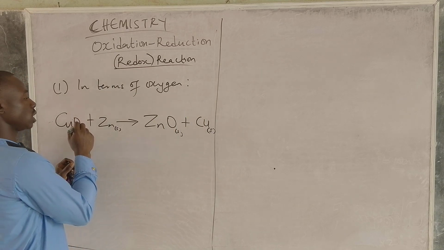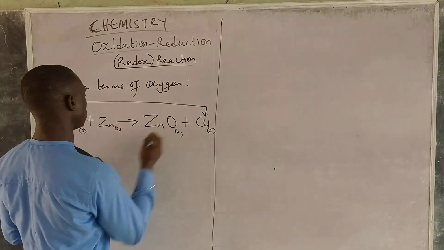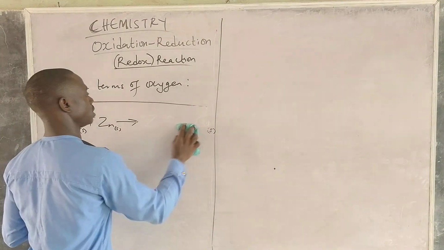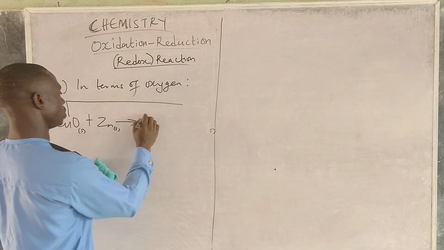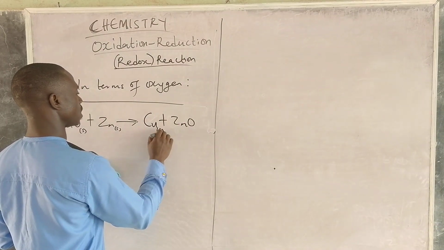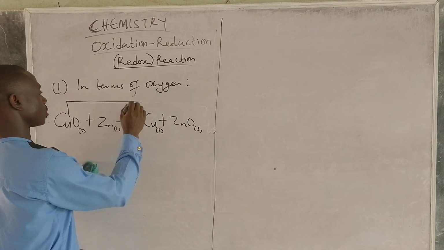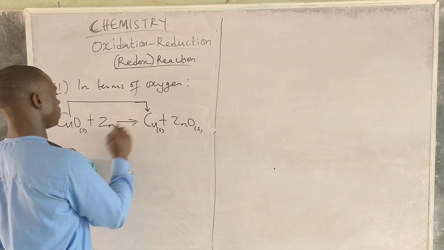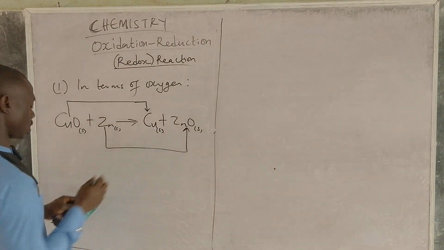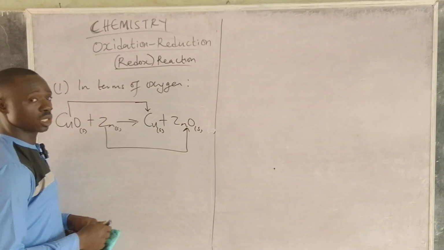Or better still, I should change this to copper plus zinc oxide. So I can draw an arrow from copper oxide to copper, then draw another arrow from zinc to zinc oxide. Definitely we know that zinc turns to zinc oxide.